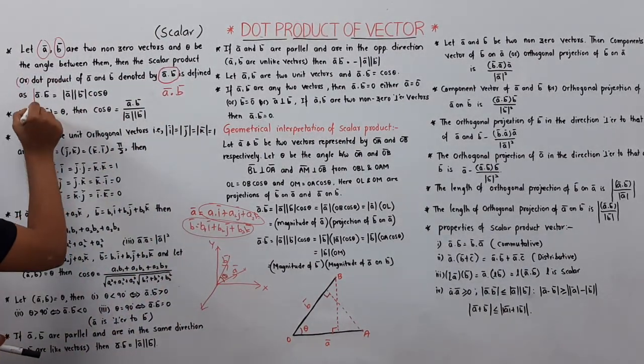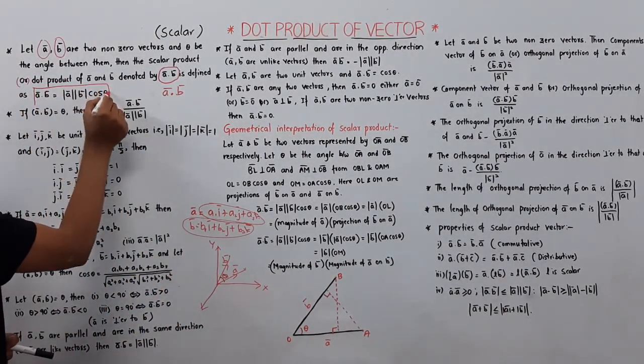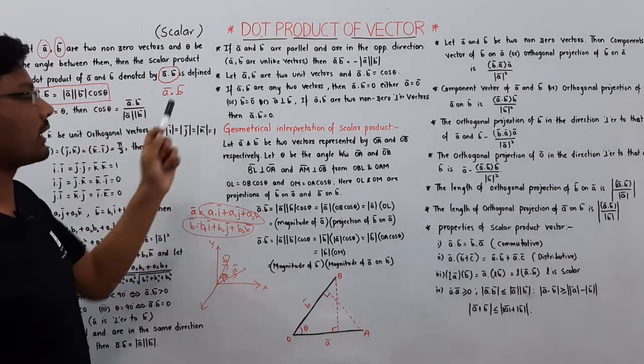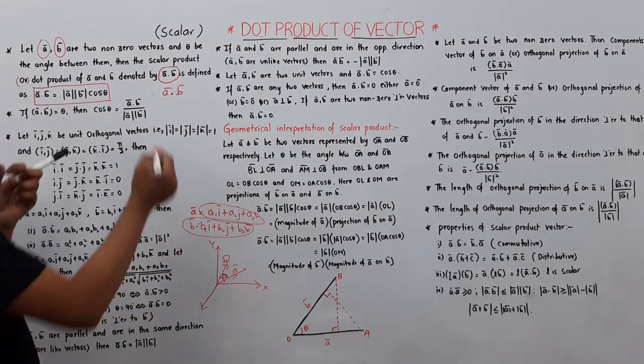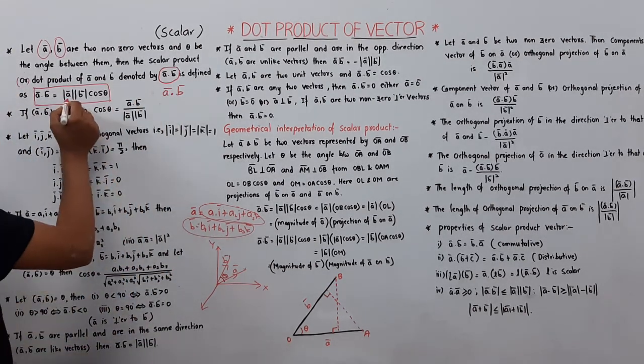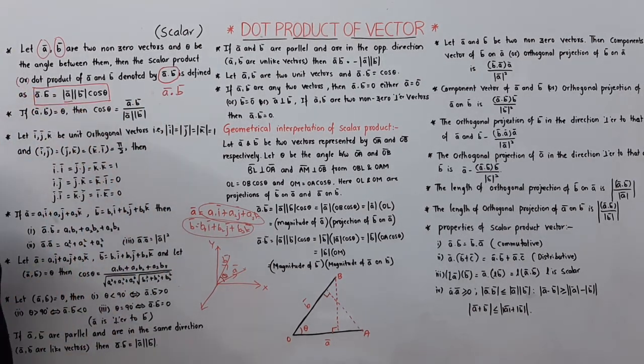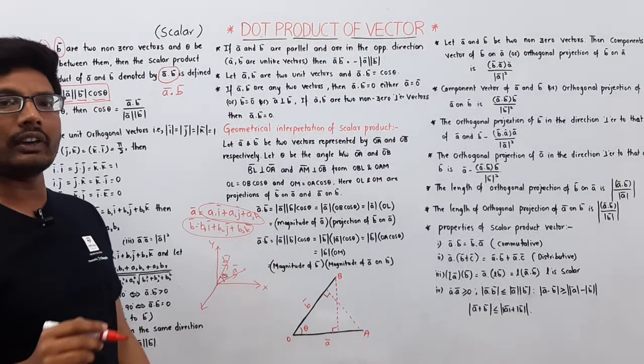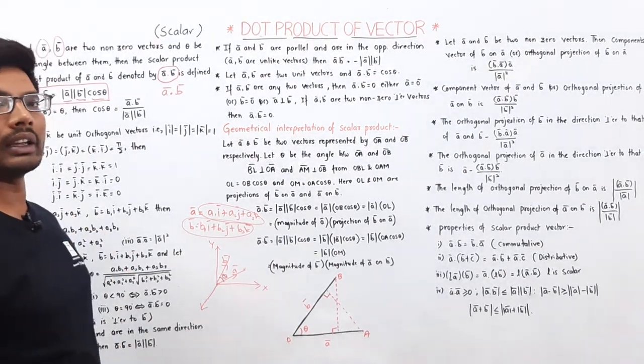Now the formula for a bar dot b bar, the dot product of these two vectors, is modulus of a bar into modulus of b bar into cos theta. This is the most important formula for multiplying two vectors.